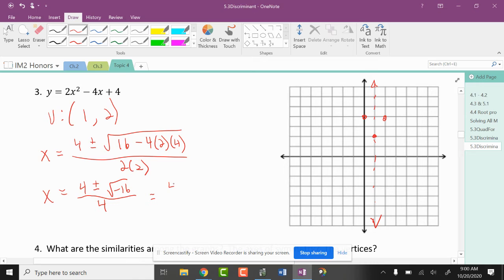This ends up being 4 plus or minus 4i over 4. And then when you split this up into two separate fractions and reduce, this ends up becoming 1 plus or minus 1i. And the reason this happened is because what's happening over here?